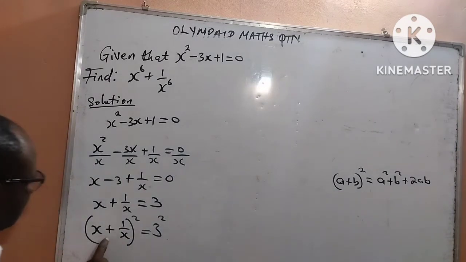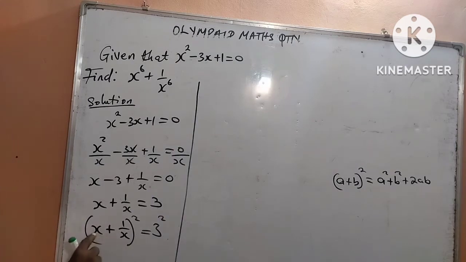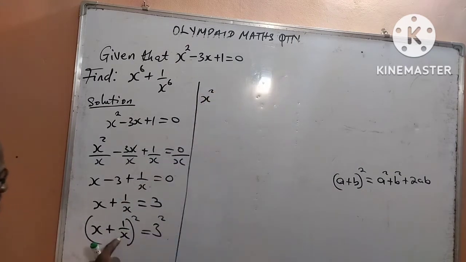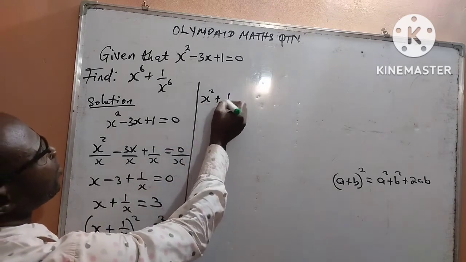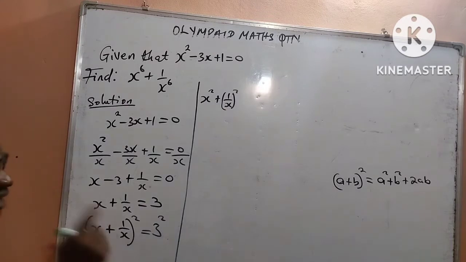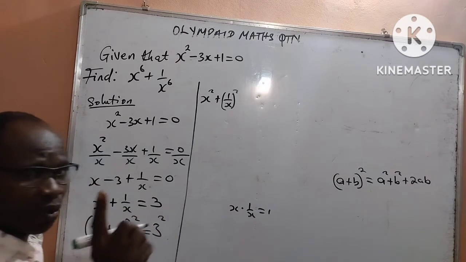Good. Doing that here, the first term will be squared to give me x squared. The second term will be squared to give me 1 all over x, then squared. Then I will multiply the two terms, which is x multiplied by 1 over x, and that will give me 1.